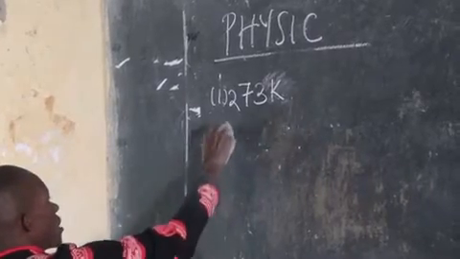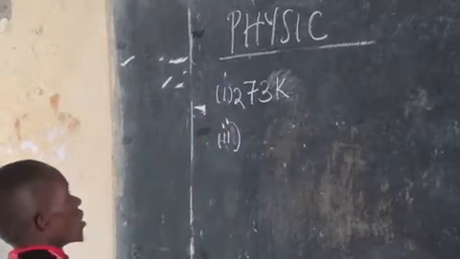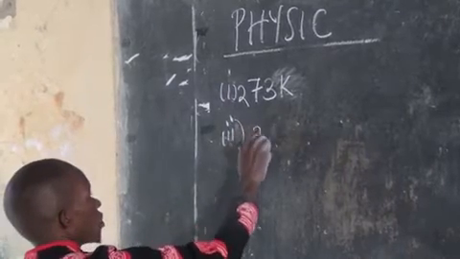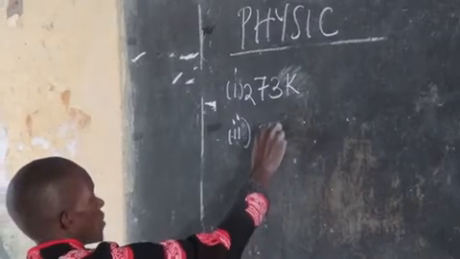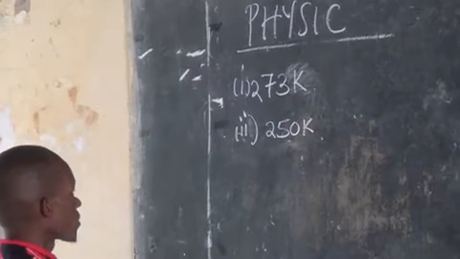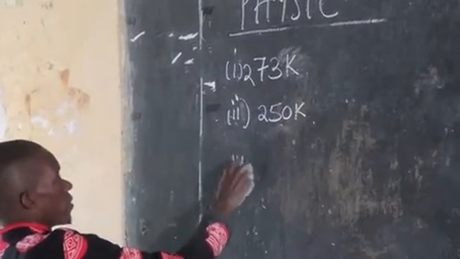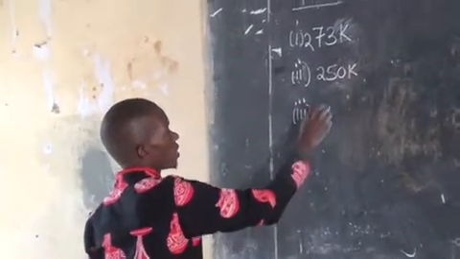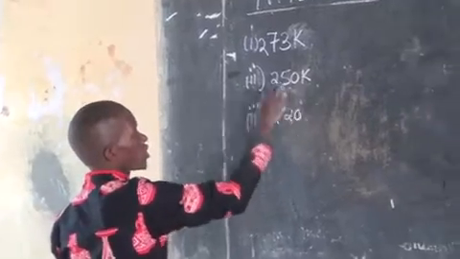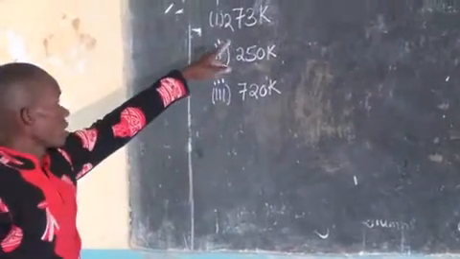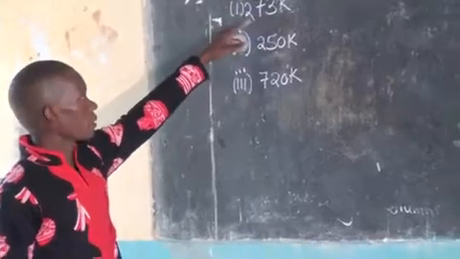We have Roman 2, 250 Kelvin, and Roman 3, 720 Kelvin. We are going to convert from the Kelvin scale to the Celsius scale.